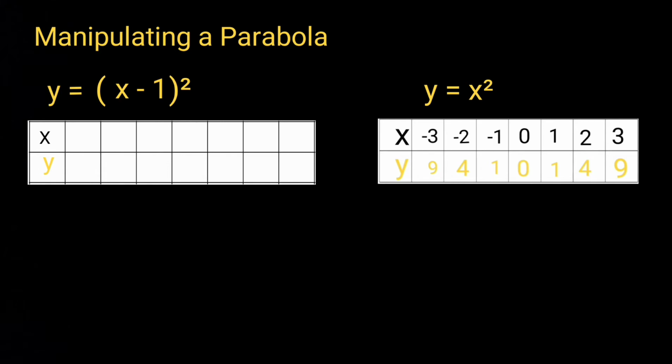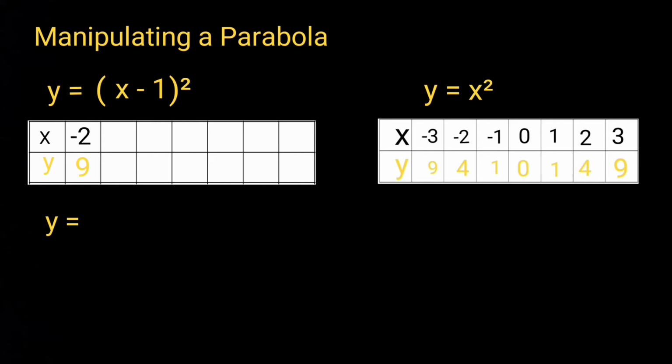Okay, we will start off with an x value of minus 2, for reasons we will discuss later. If the x value is minus 2 and we substitute it into the equation, the y value would be minus 2 minus 1, to the whole squared. Minus 2 minus 1 would be minus 3, and minus 3 the whole squared would be 9.